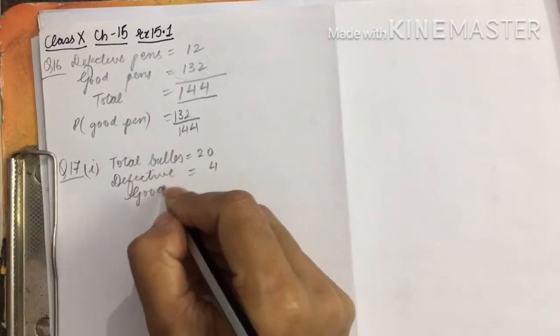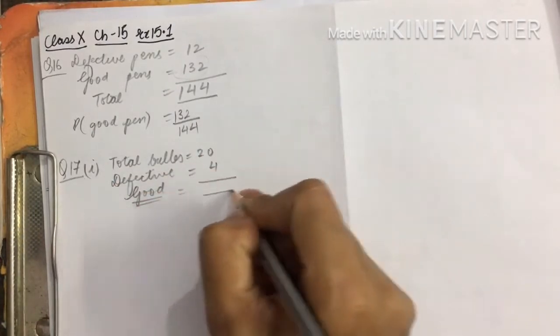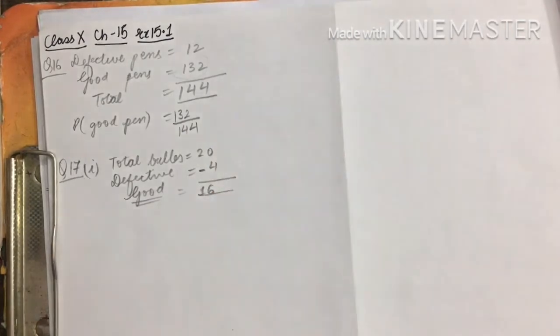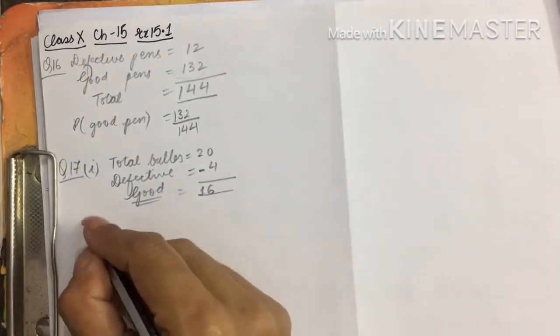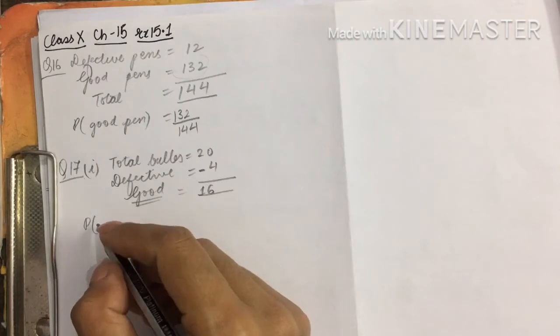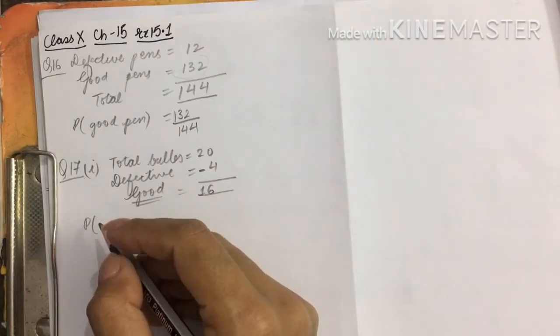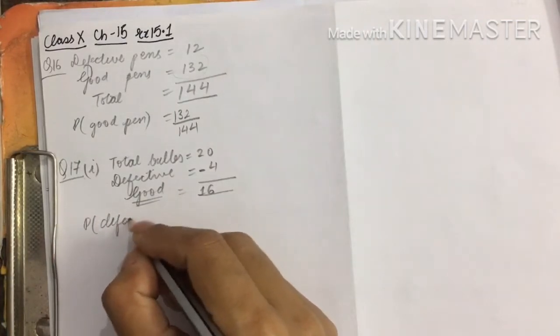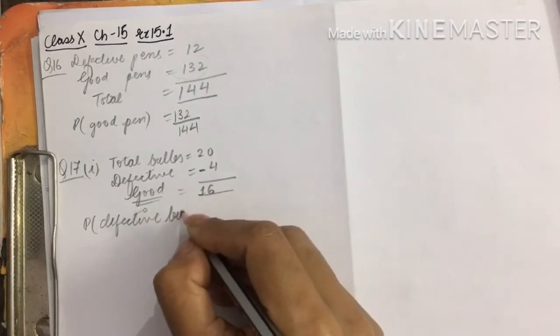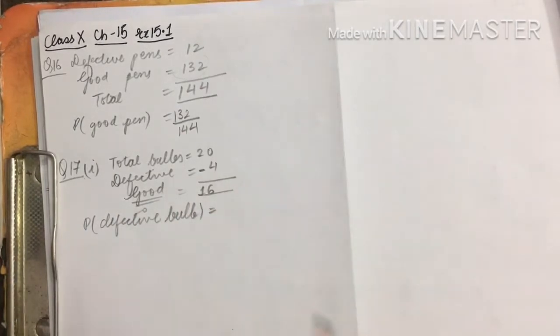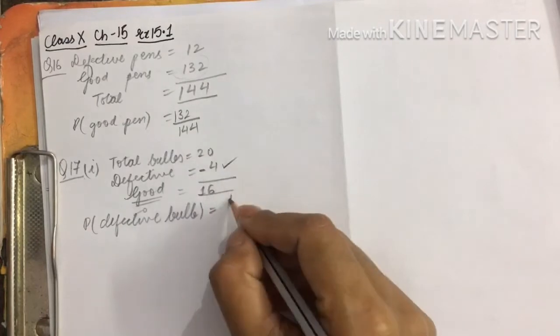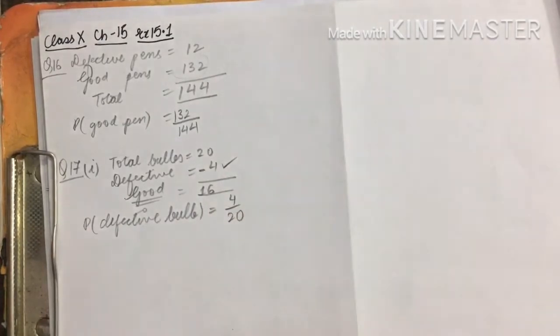So the good bulbs are, let's subtract, 16 good bulbs are there. So the probability of getting a defective bulb in the first part will be 4 over 20.